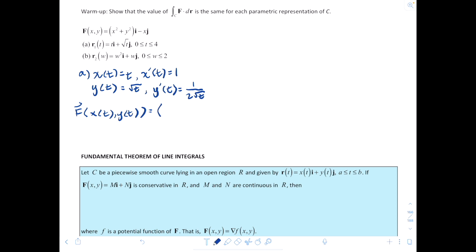So we'll have t squared plus root t squared times i, and then minus x times j, so minus t times j.